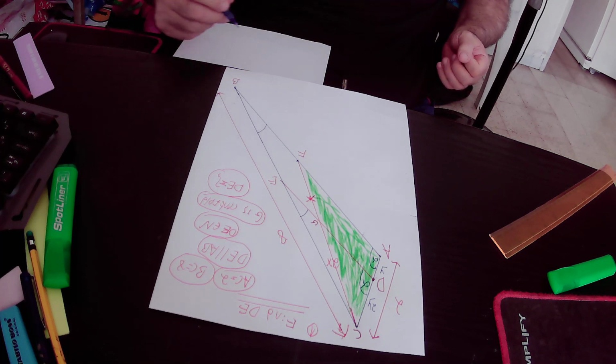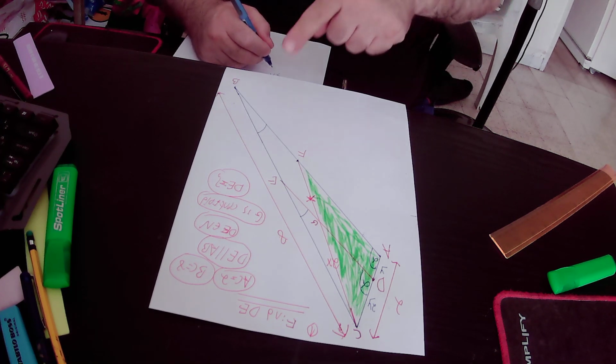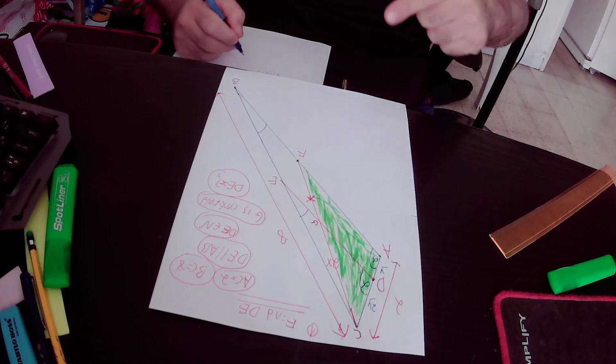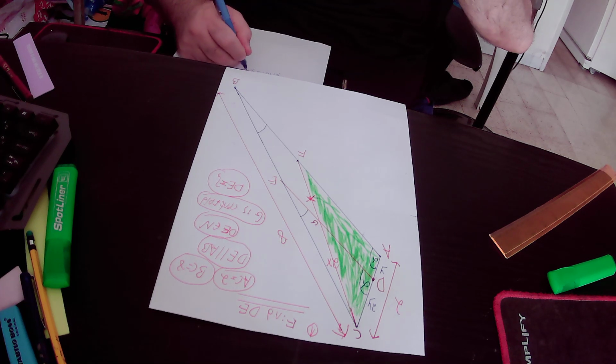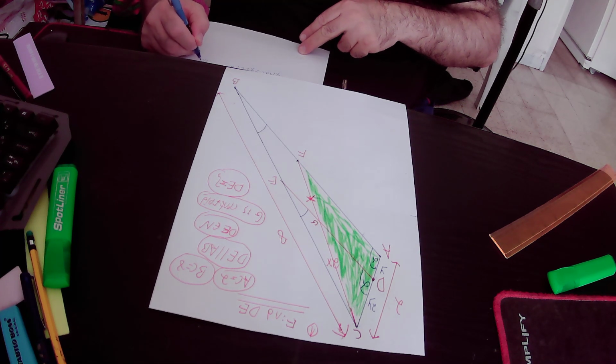So we can write down that angle ABC, this angle, will be equal to angle DEC according to rule number 3.